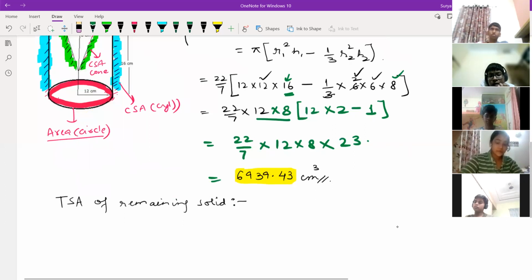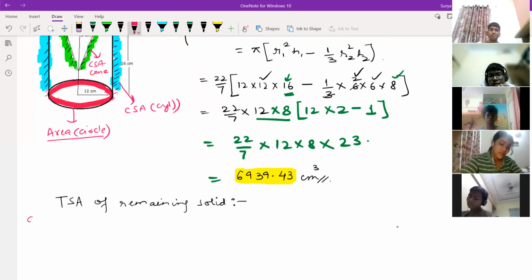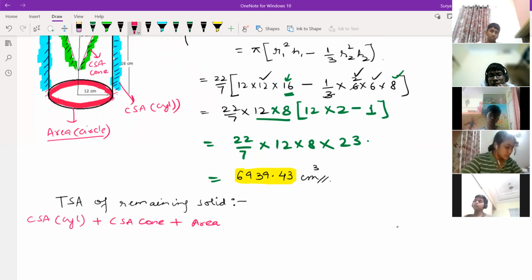So now I'm writing all the things. CSA of remaining solid is CSA of cylinder plus CSA of cone plus area of circle, means this bigger circle, right?